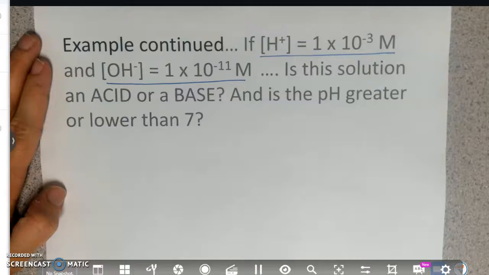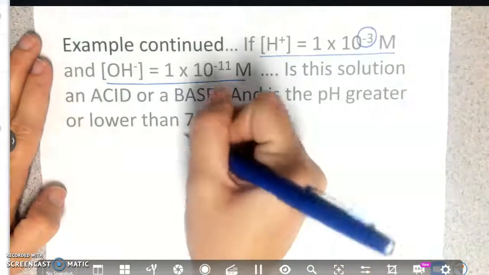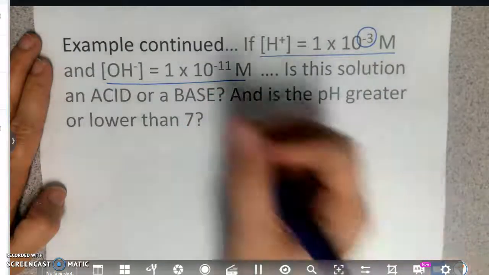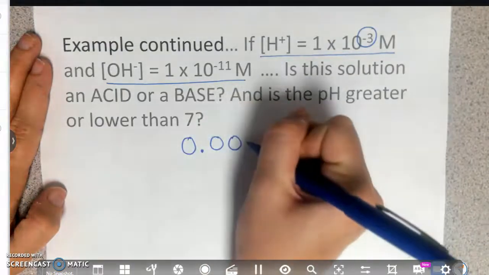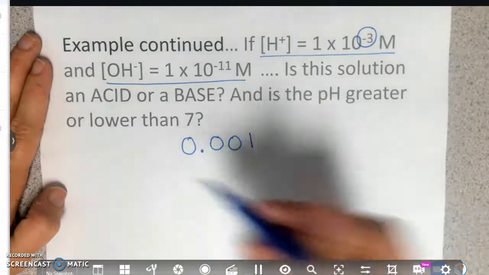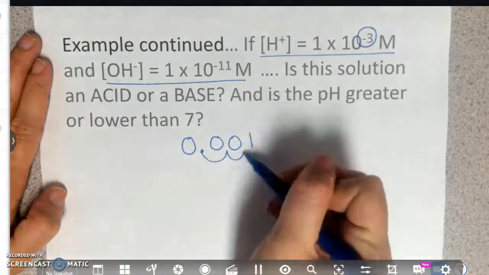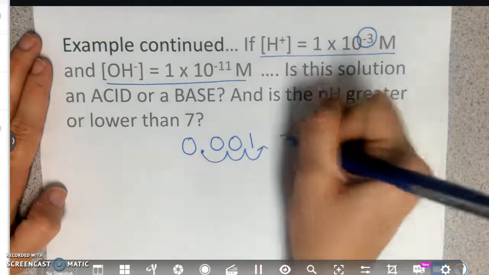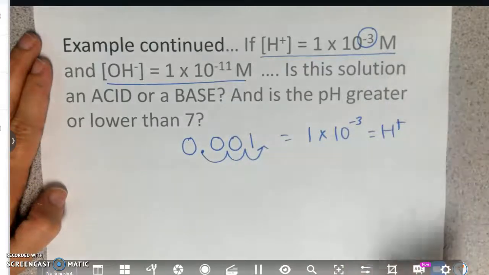When you talk about negative exponents, this trips a lot of people up. 1 times 10 to the negative 3 is really 0.001, because the negative exponent means it's a decimal, and so I'd move it 1, 2, 3. That's the H plus.